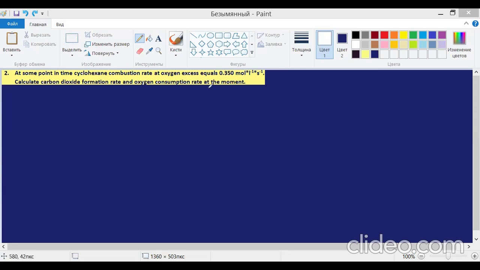First of all, we need to write the equation of this chemical reaction. So the cyclohexane formula is this one, and it's burned, so we should write the formula of molecular oxygen.